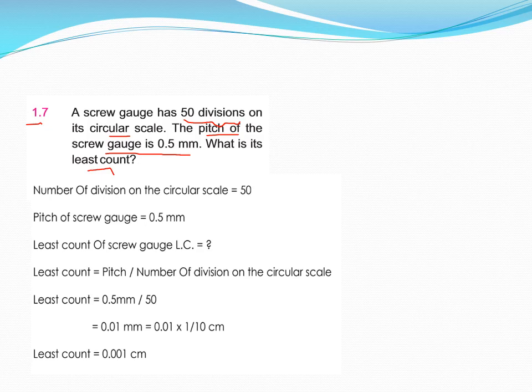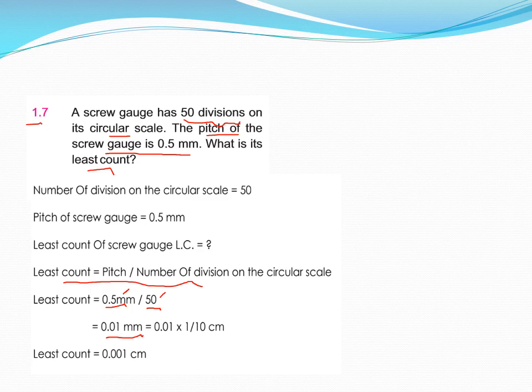As we know, the least count is pitch divided by number of divisions on the circular scale, and as given, the pitch is 0.5 divided by 50. So 0.5 millimeter in the numerator, upstairs, and 50 in the denominator, downstairs. So 0.5 divided by 50 equals 0.01 millimeter.